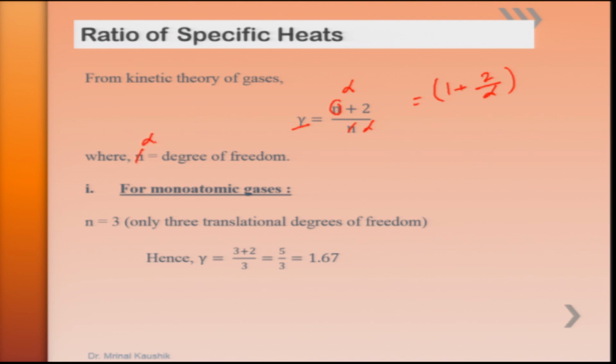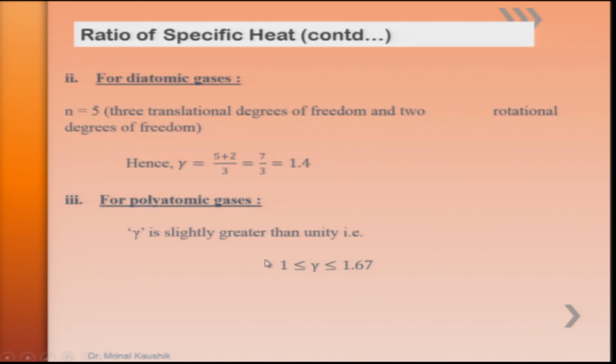For monatomic gases, where only 3 translational motions are possible and no rotational or vibrational, substituting this 3, we brought out the gamma for monatomic gases as 1.67. For diatomic gases such as air, alpha turns out to be 5, that is 3 translational degrees of freedom plus 2 rotational degrees of freedom, and hence the gamma turns out to be 1.4.